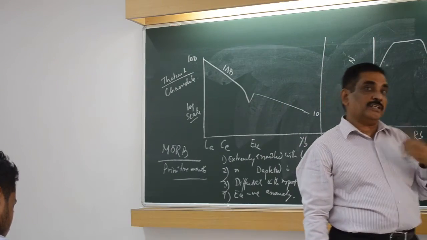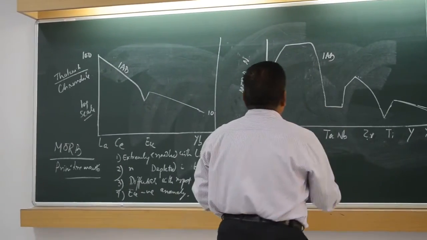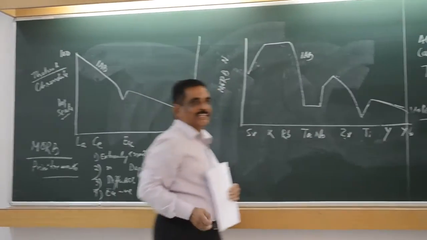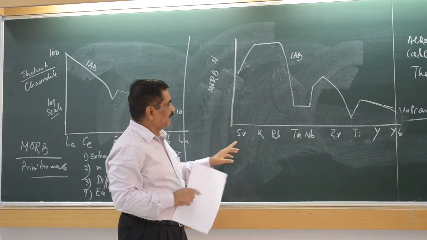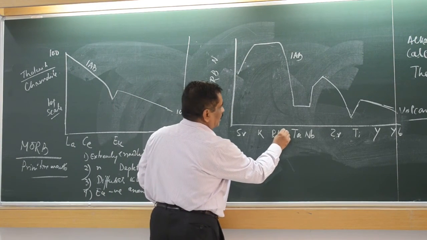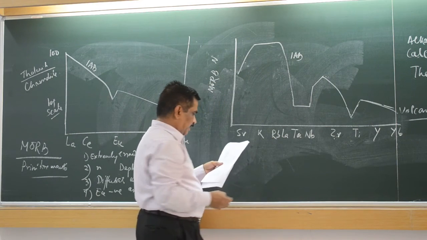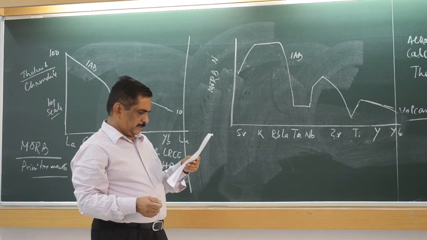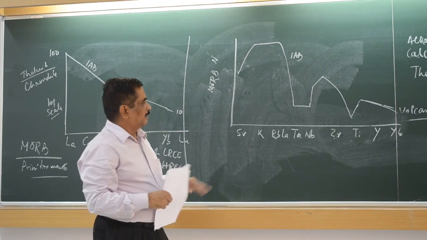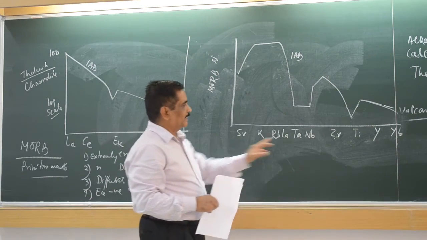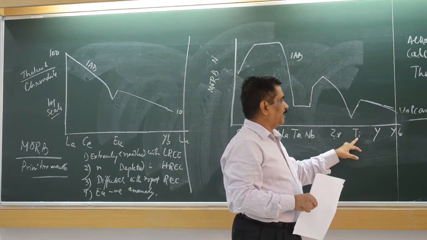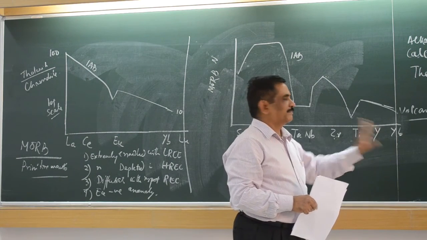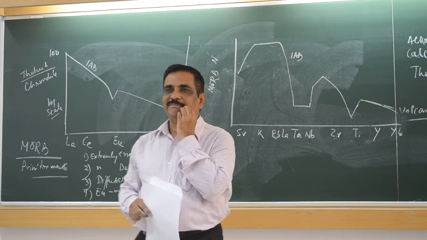Similarly, I will describe this. Then I will tell you how other graphs will show. How do you describe this diagram? Here he is plotting Sr, K, Rb, and La is also common. I forgot to write La. Understood this part? This is tantalum and niobium. This is zirconium, titanium, yttrium. I will describe this diagram.